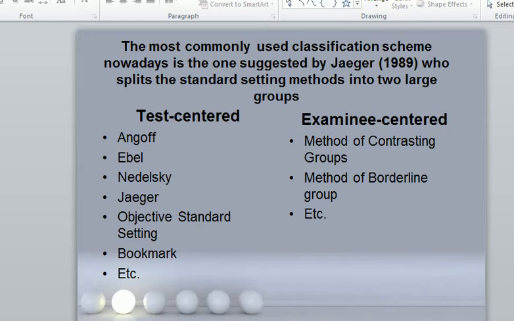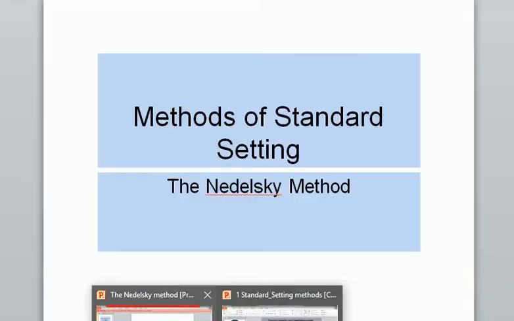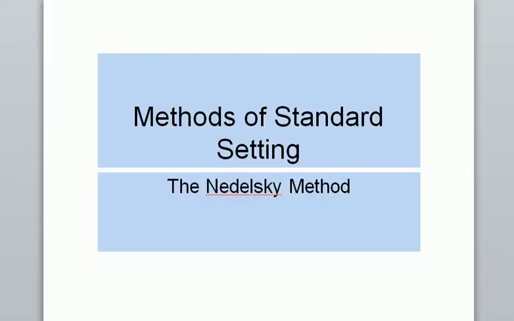So these methods may be included in this category: number one, method of contrasting groups, and number two, method of borderline groups, etc. It means there are only two methods in this category. Now I will come towards the methods of standard setting.